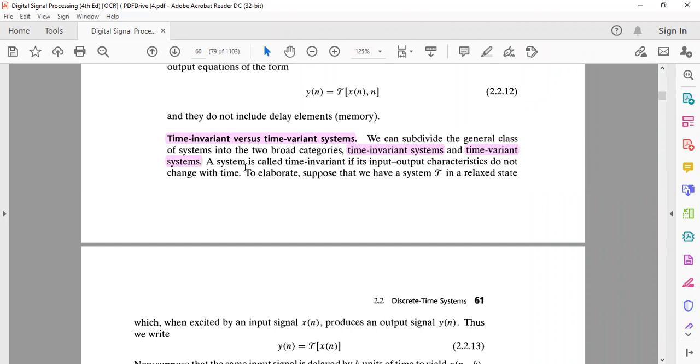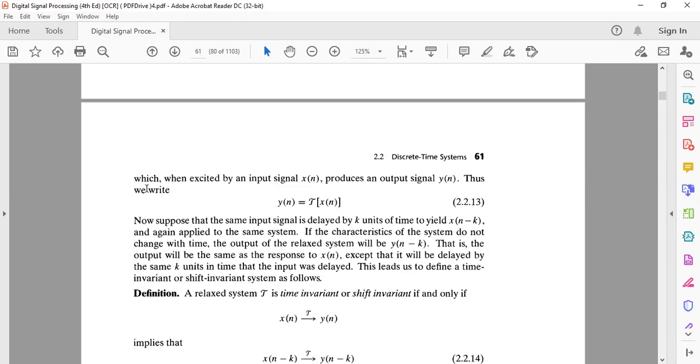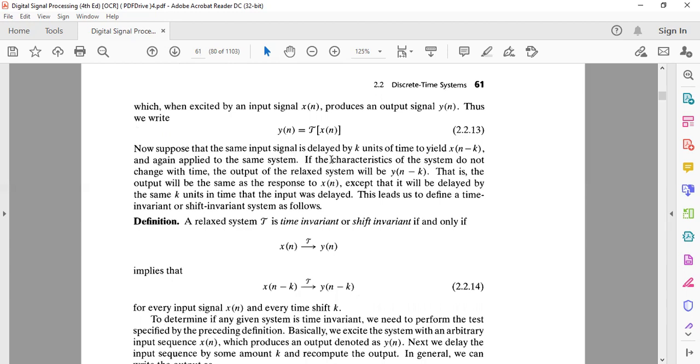To elaborate, suppose that we have a system T in a relaxed state, which, when excited by an input x(n), produces an output y(n). Thus, we can write that y(n) is the transformation of x(n). Now suppose that the same input signal is delayed by k units of time to yield x(n minus k), and again applied to the same system.